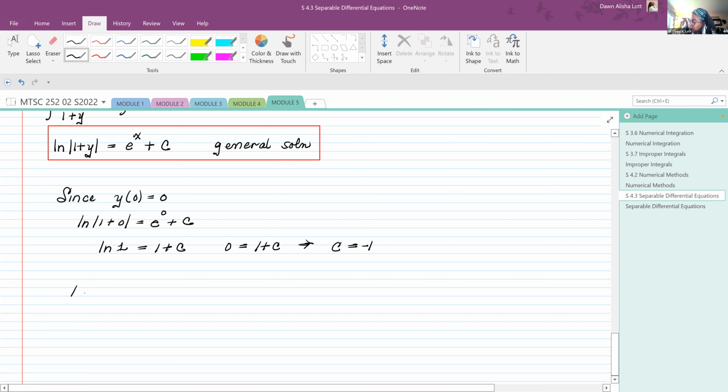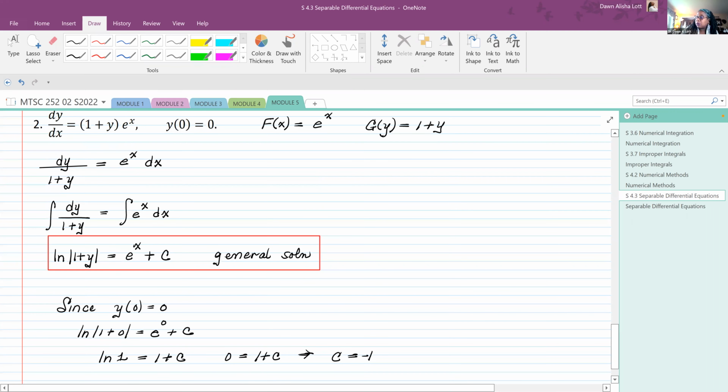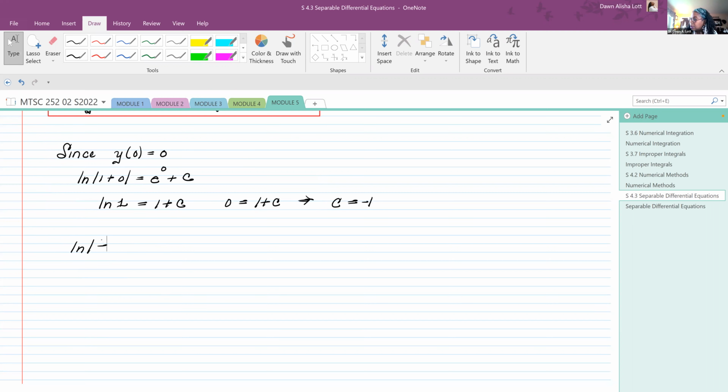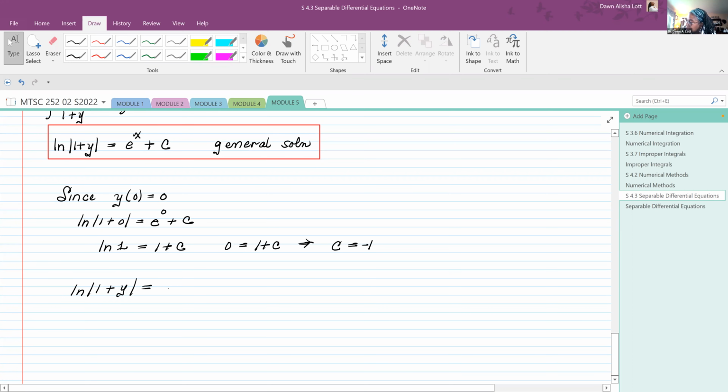So now I get the natural log of 1 plus y, that's going to equal e to the x, and then we solve for the constant, it was -1.